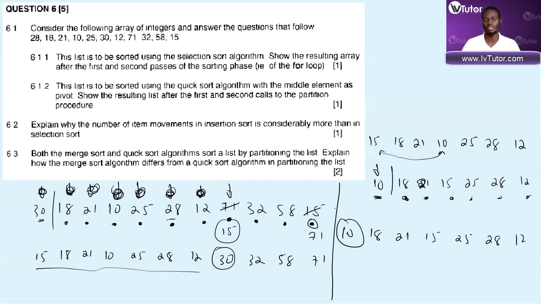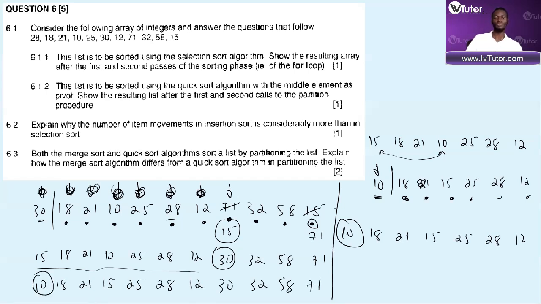So if you write everything together, here I'm putting 10, 18, 21, 15, 25, 28, 12. Then these are still exactly as they are. And my pivot here is 10. So these would be the first two calls to the partition procedure.